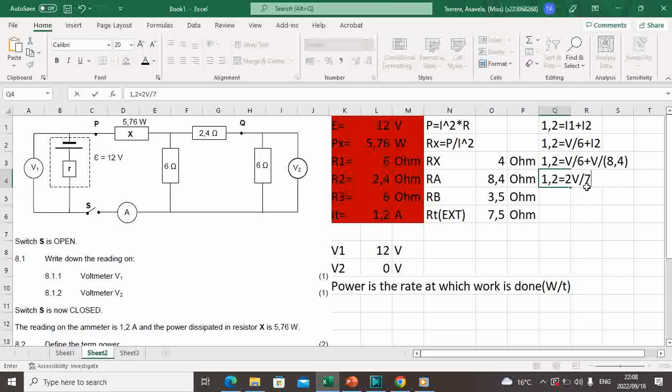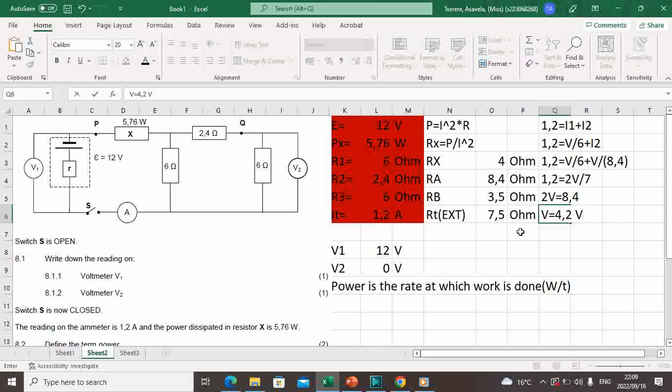Then let me do some math here. We'll cross multiply here. 2V is equal to 7 multiplied by 1.2, which is equal to 8.4. Then if we divide by 2 here, we'll have 4.2 volts. Then we have the voltage.